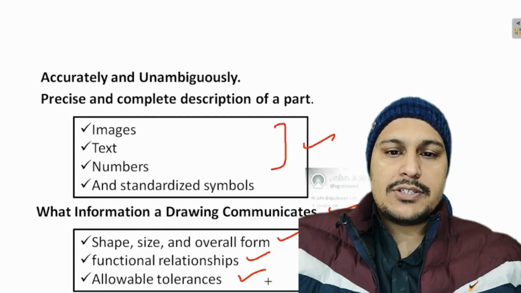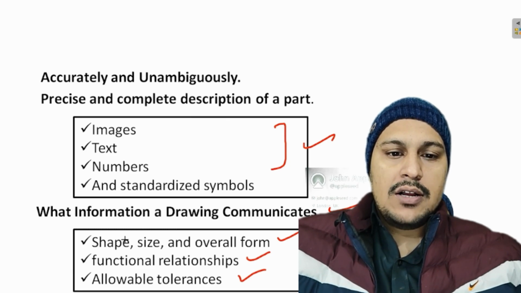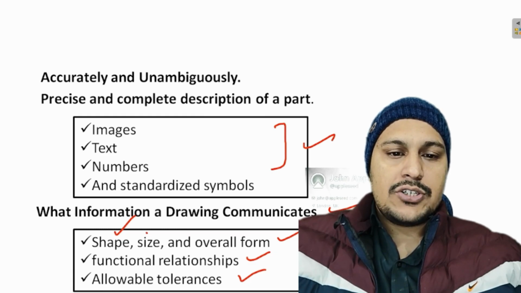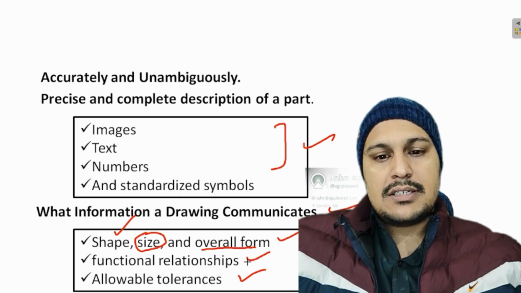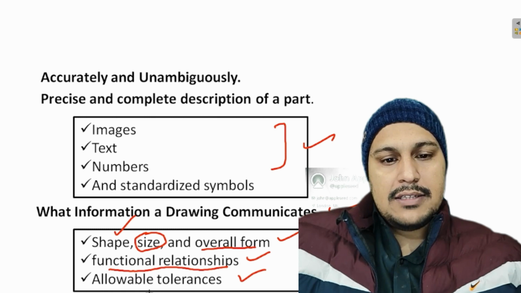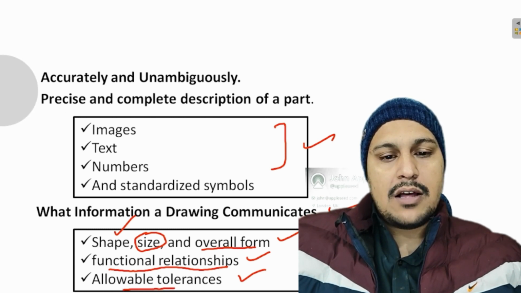In the orthographic views, the projections, we are able to see the shape, dimensions tell us about the sizes, and the image itself tells us the overall form of the part. There is also a functional relationship that a drawing communicates, and the allowable tolerance.